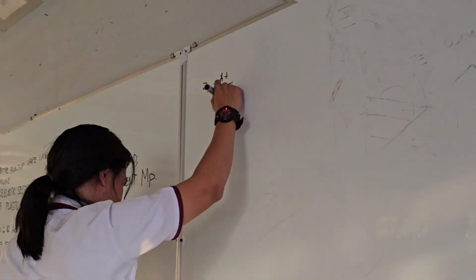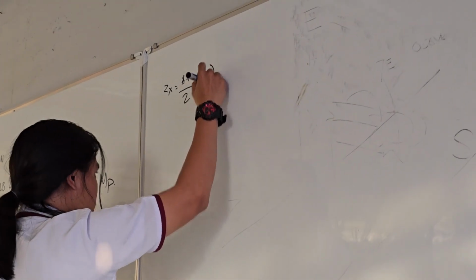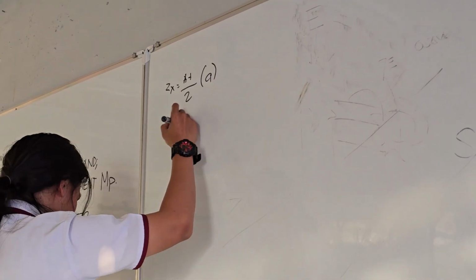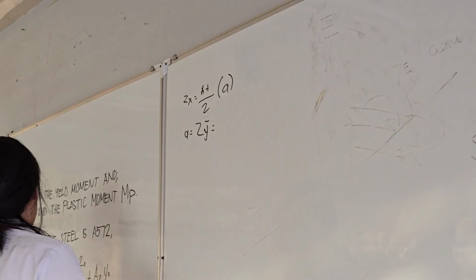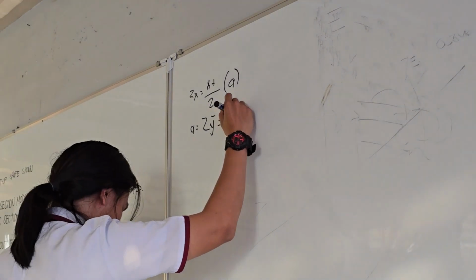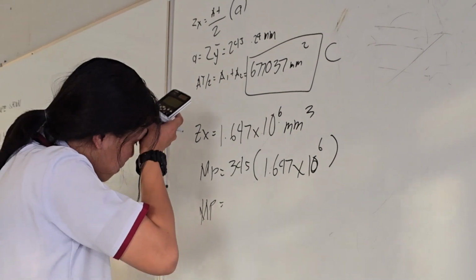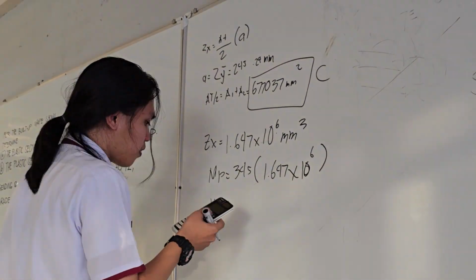121.62 mm. For the third equation, Zx is equivalent to A over 2 multiplied by Y bar, where A is the total area. A over 2 is A1 plus A2, and we get 6,770.57 mm squared. To get Zx, we compute the third equation multiplied by 243.24.